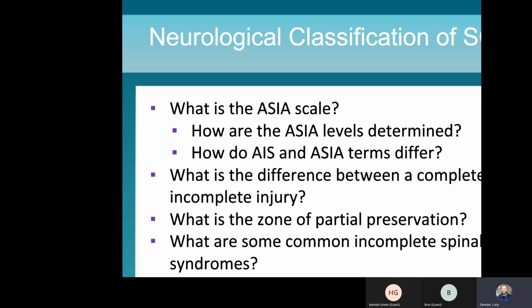That is very uncommon. Usually about 3 out of 100 will have some motor or sensory preservation with a complete spinal cord injury. But just know if you're ever asked about the zone of preservation, that's what that is. Above the S5.